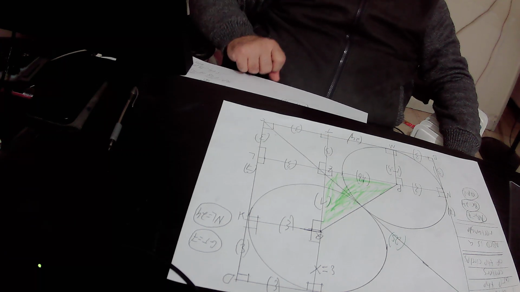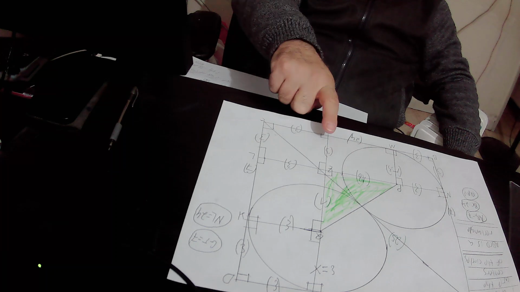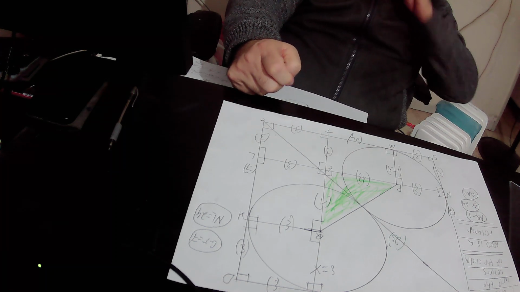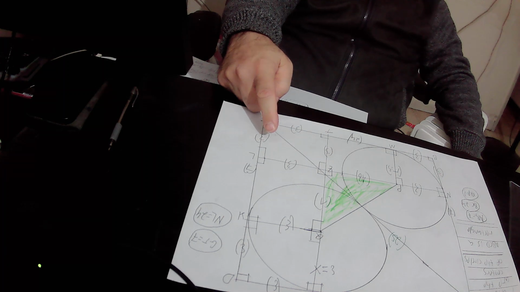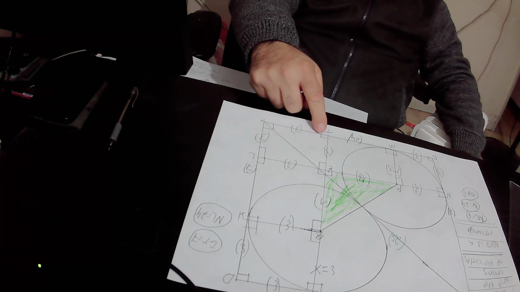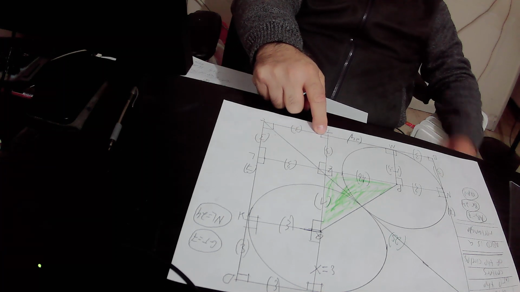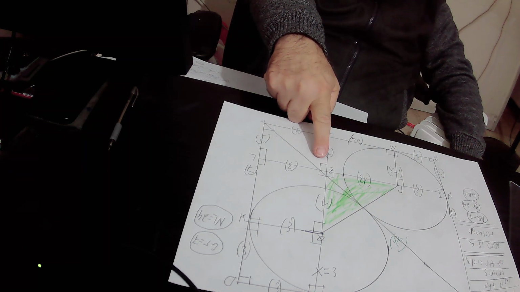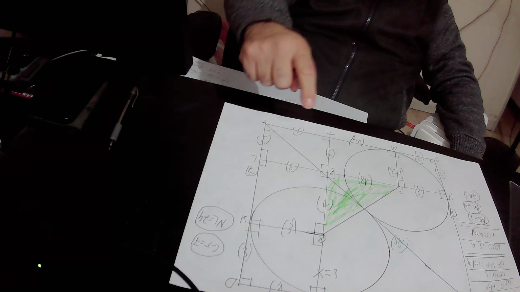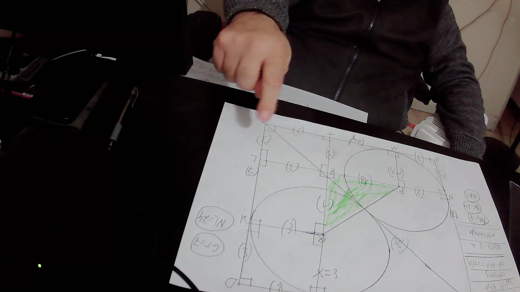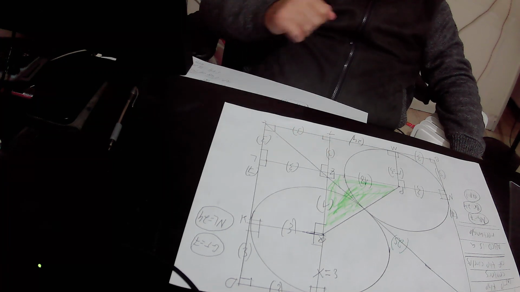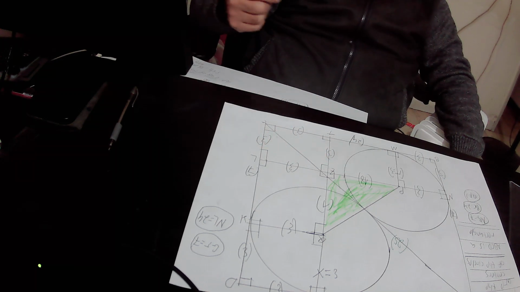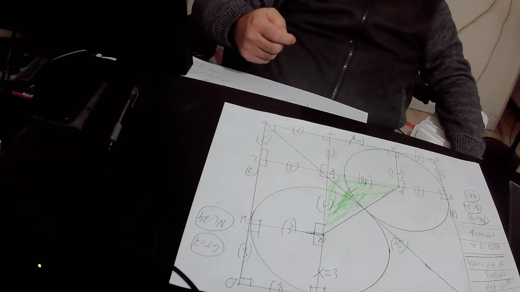So, inside the small quadrilateral ZLCT, we have 1, 2, 3 right angles. Therefore, the fourth angle must also be equal to 90 degrees. So inside the small quadrilateral ZLTC, we have 4 right angles, and therefore you can relate to this small quadrilateral ZLTC as a rectangle, and we also know that the opposite sides of a rectangle are equal to each other.